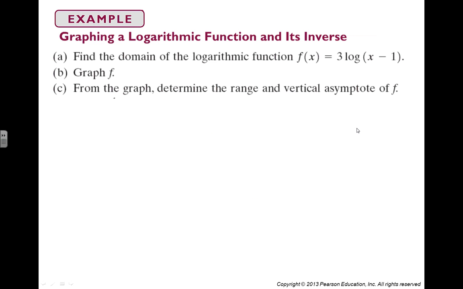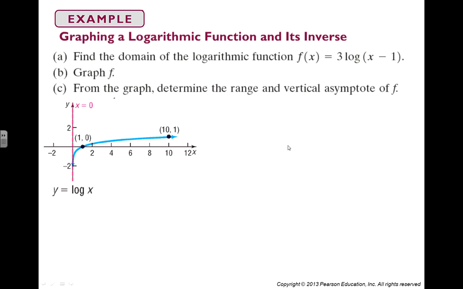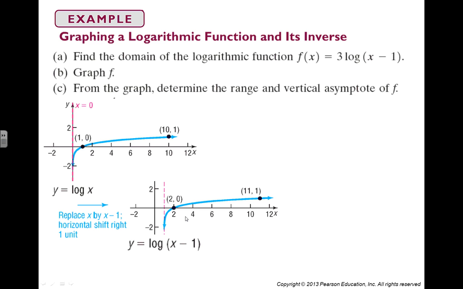Okay, so if we're going to find the domain of the logarithmic function, we have to have our input values greater than 0. So if we have our original logarithmic function, it is going to shift right 1.